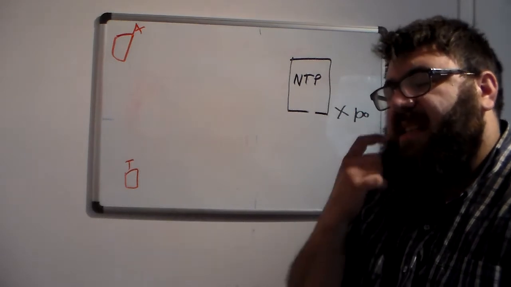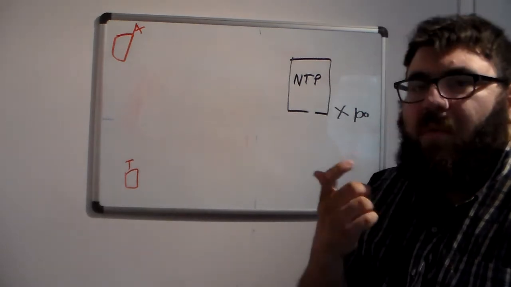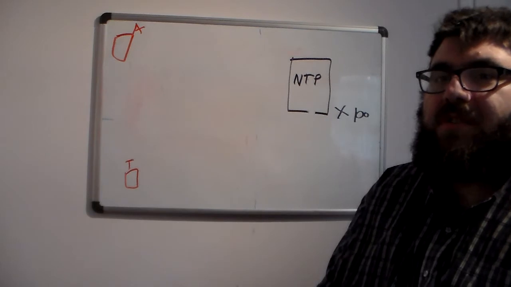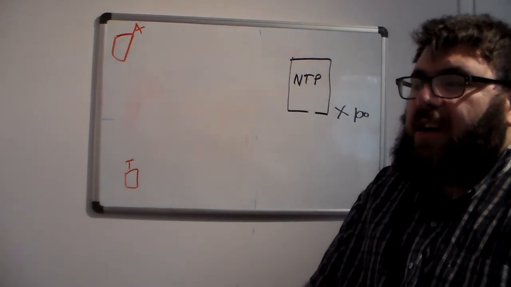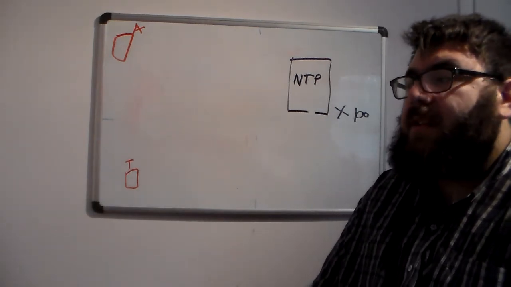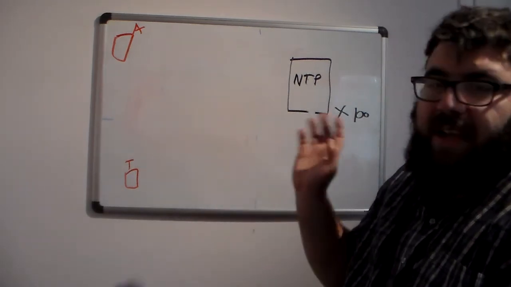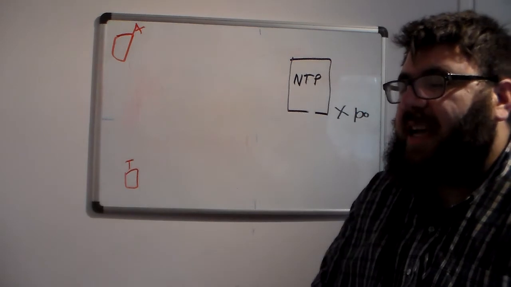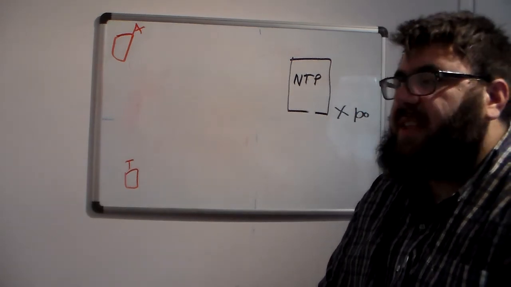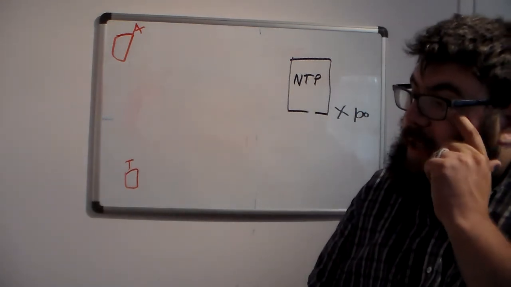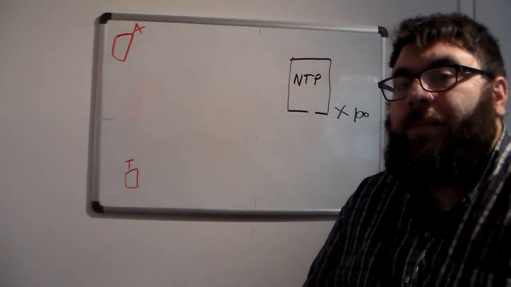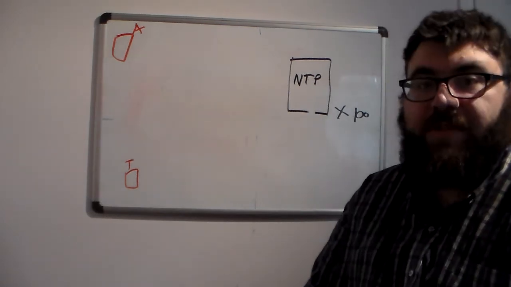You gotta take a step back and say, okay, am I part of the problem or part of the solution? DDoSes are on the rise, and for the most part, a lot of these amplification style attacks, these NTP attacks and DNS attacks, are normally because of poorly configured servers.